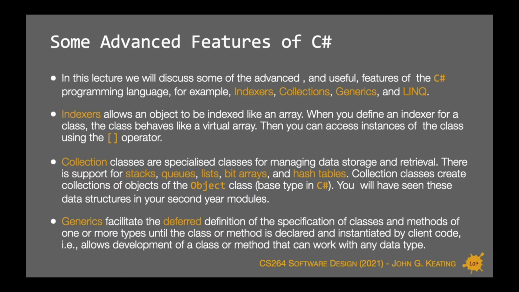And you see, behaviors are really important. A lot of these advanced features allow you to attribute behaviors to something that wouldn't normally behave that way. And that's really, really important, okay? That means that when you access instances of the class using this bracket operator, we know how they behave. That's nice.